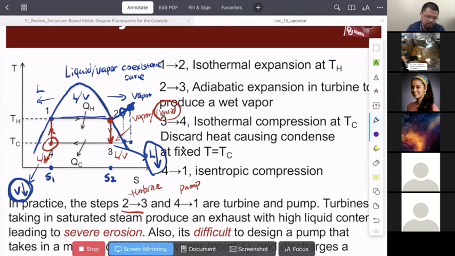So if we move this state 4 slightly to here, instead of an obvious liquid vapor mixture, if we push this to the liquid vapor saturation curve, then over here I can easily claim that we almost have no vapor existence. Then we try to move up to this, and of course for the same reason, we don't want to push too hard.